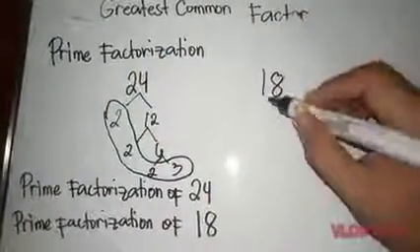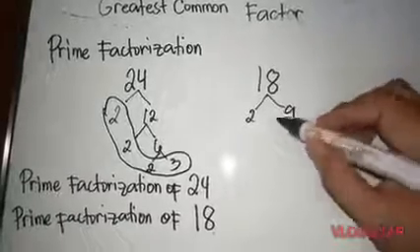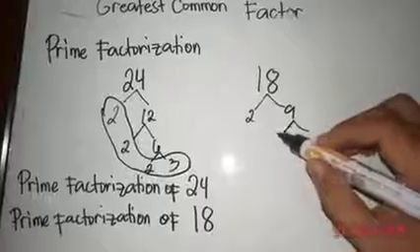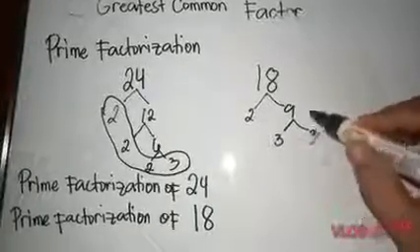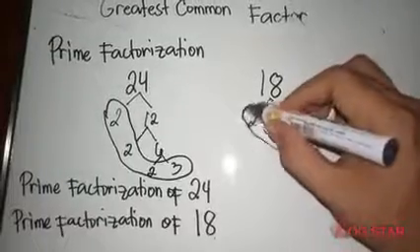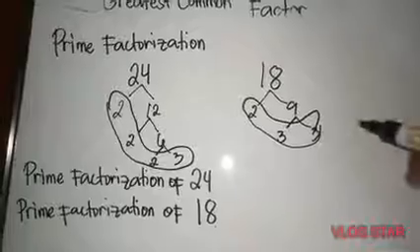Let's proceed to 18. 2 times 9. 2 is a prime number, 9 is not a prime number. So 3 times 3. Now everything is a prime number. This is what we call the prime factorization of 18.